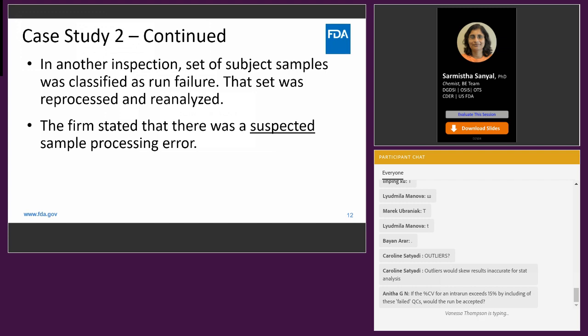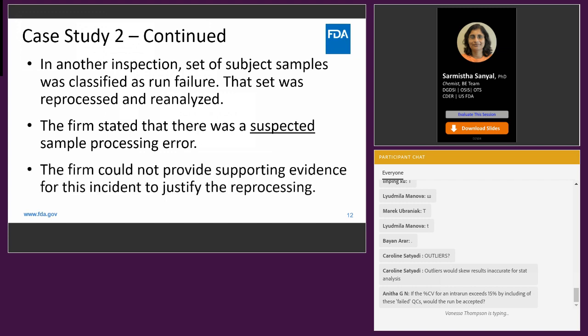So overall, I want to reiterate the importance of complete and contemporaneous documentation. In an analytical study, there may be incidents either during method validation or sample analysis, and you may need to re-inject, reanalyze, or reprocess samples, but you should provide complete and contemporaneous documentation so that your reanalysis or reprocessing claim can be justified.